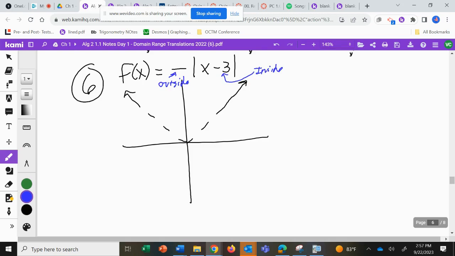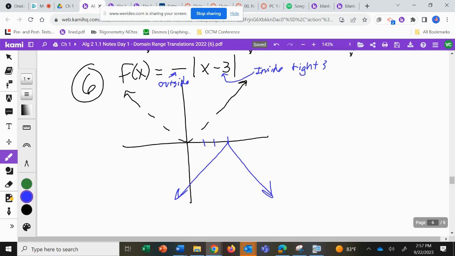So let's be more specific. The outside negative sign, what does that do? Flips it down. But what's this minus 3 do? It goes to the right 3. Okay, that one's opposite. So we're going to be to the right 3, but it's going to open down. So I combined both things.